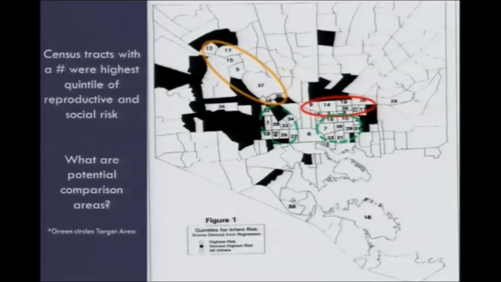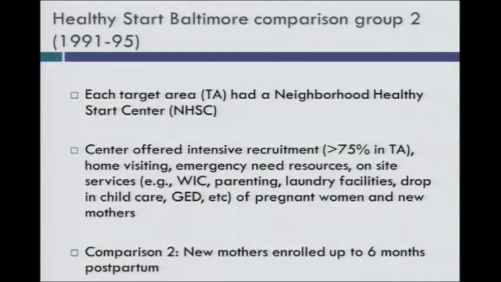The other group that we chose was a group that was in the target area. Each target area had a center, as I mentioned, and the center actually went out every 6 weeks. They knocked on every single door in that target area, identifying women who were pregnant or had recently given birth, telling them about Healthy Start.